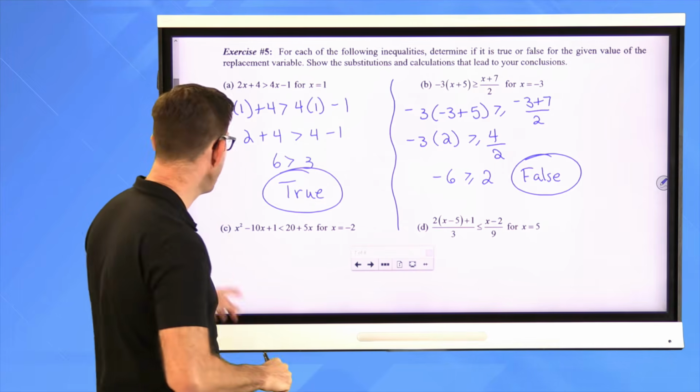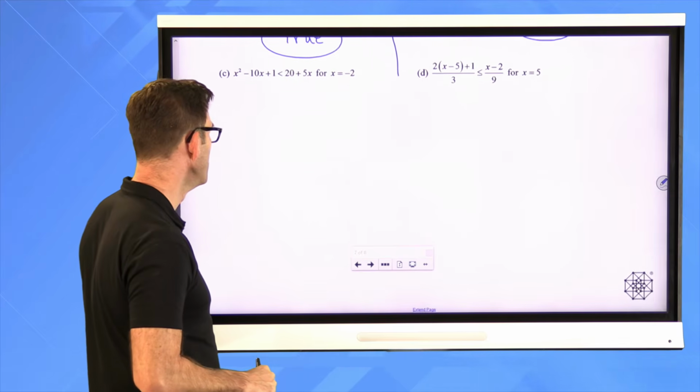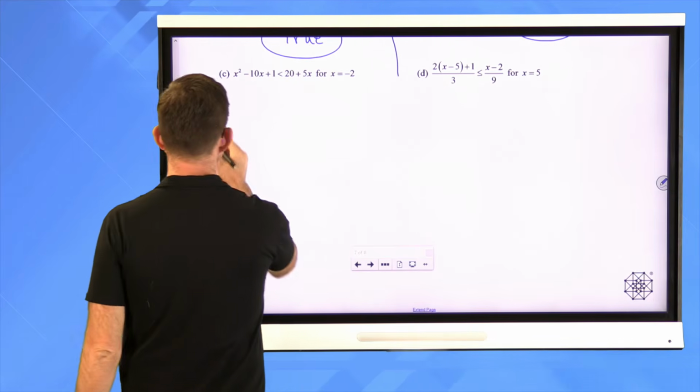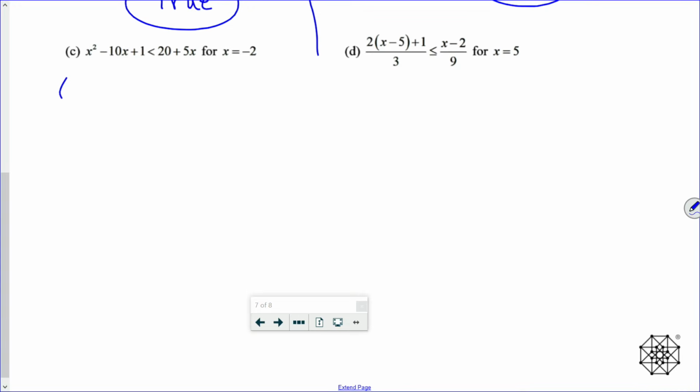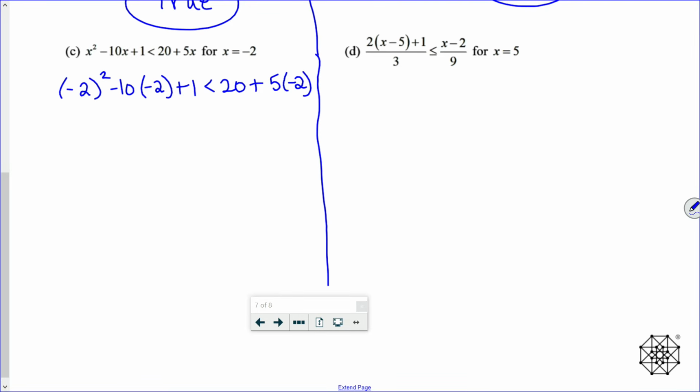Okay, let's take a look at one that's got a little x squared in it. Been a bit since we've seen something like this, but same idea. Negative 2 substituted into this inequality. Take some space just to substitute it in. Negative 2 squared, be careful there. Negative 2 times negative 2 is positive 4.